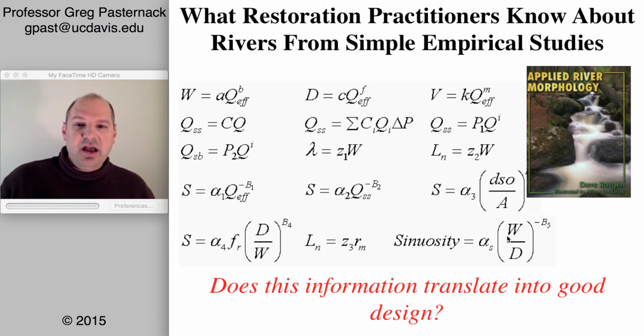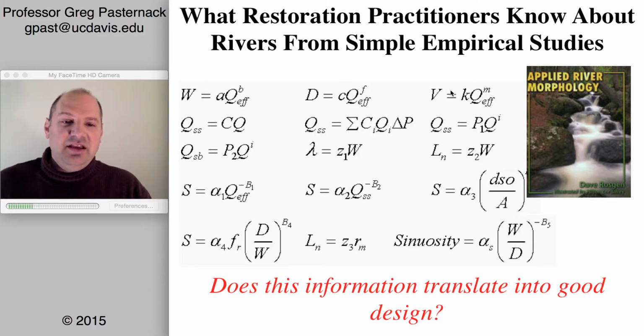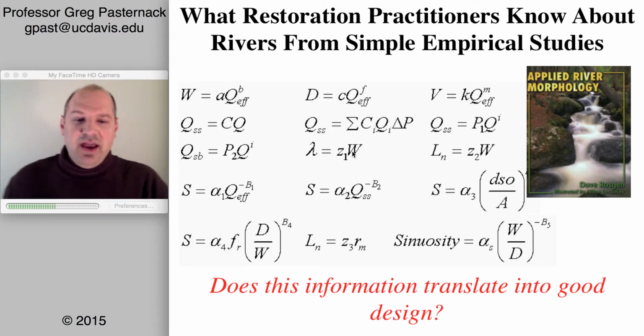And this summarizes some of these. So we have the width, depth, and velocity associated with effective discharge, which could be taken to mean bankfull, but I don't recommend it. We have relationships between suspended sediment load and discharge, suspended bed load and discharge. Lambda is meander wavelength as a function of width.